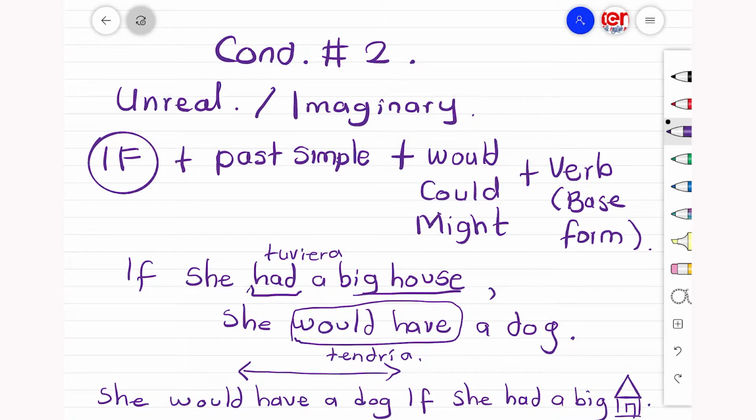In this case, I'm expressing the same idea, but I switch the order of the statements. So don't get confused if it's in the second statement. Let's see another example.